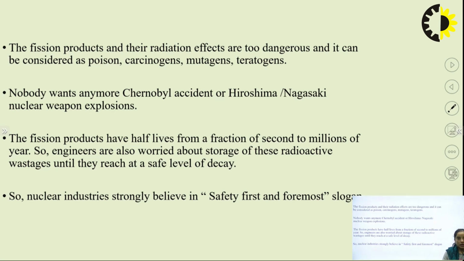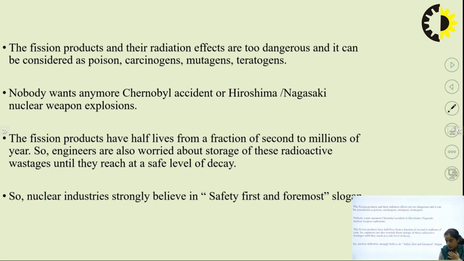So at a nuclear plant, the waste is also a part which needs to be taken care of. Nuclear industries strongly believe in the slogan "safety first and foremost."